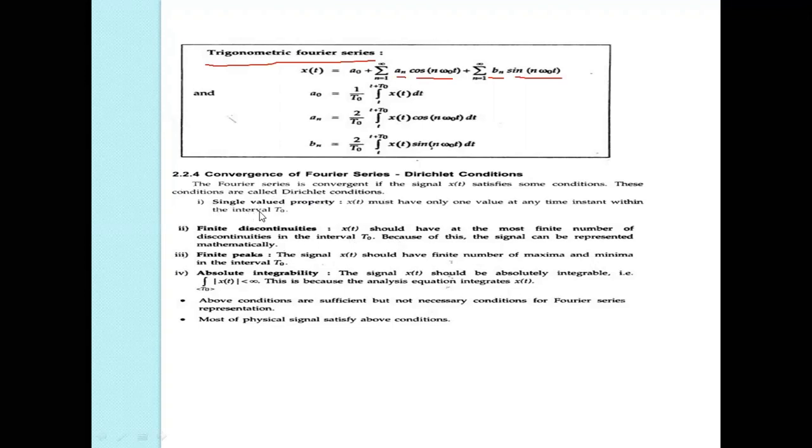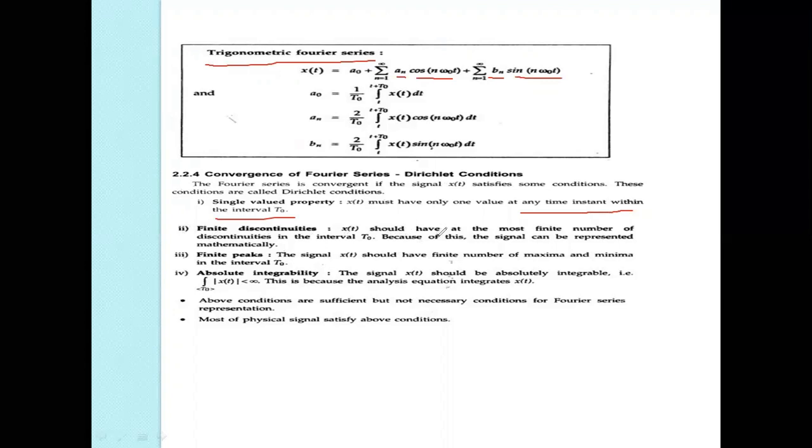The first one is the single valued property. So x of t must have only one value at any time instant within the interval t naught. And the second one is having finite discontinuities.